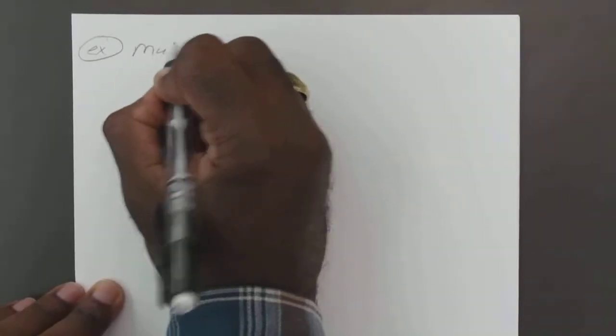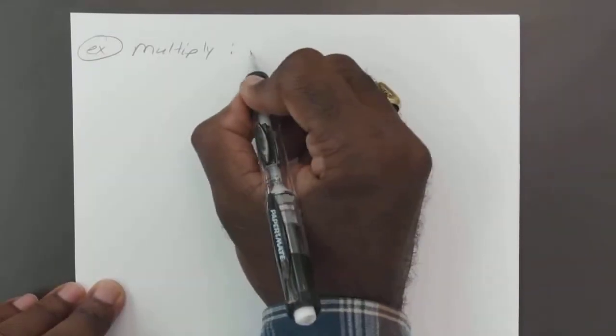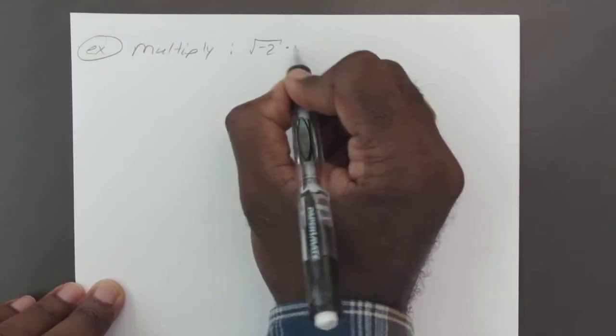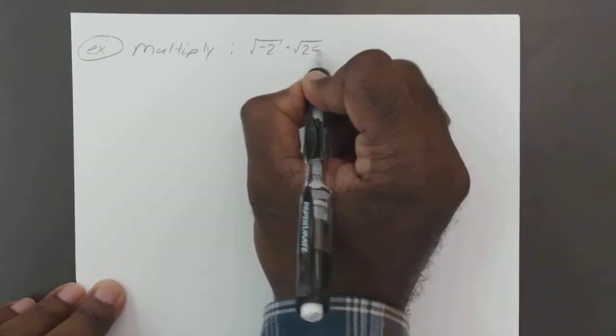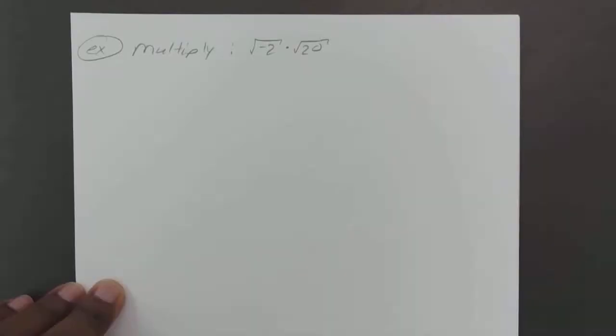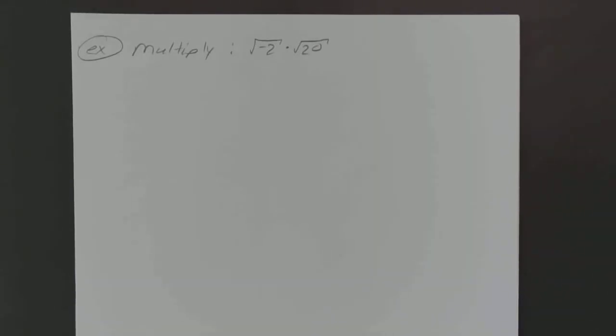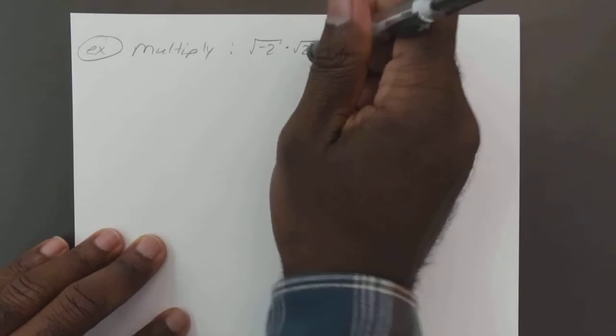Okay, so let's say, for example, if we wanted to multiply square root of -2 times square root of -20. Oh, make that -20. Sorry about that.